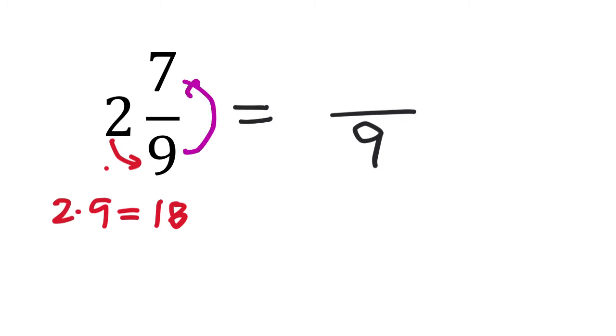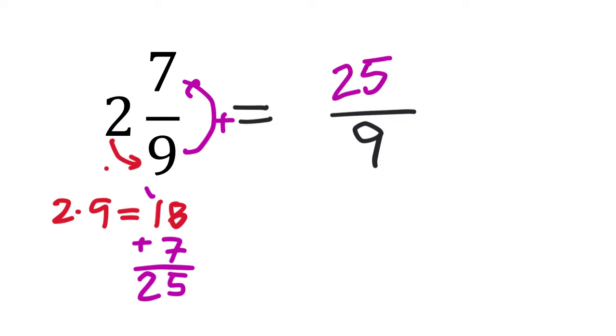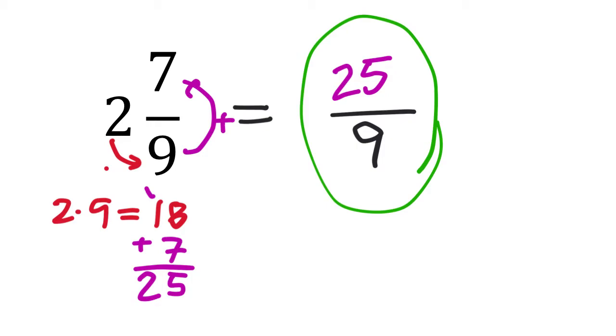And then we would need to add the 7 right there. So I'd do 18 plus 7. 8 plus 7 is 15. Carry the 1. 1 plus 1 is 2, 25. So that would be my new numerator. And that gives us the full fraction right there of 25 ninths. This is what you would do in the beginning of these problems if you're presented with a mixed number like we were right there.